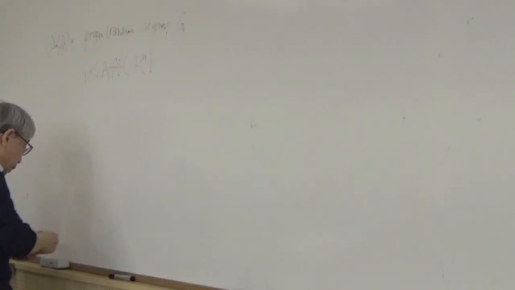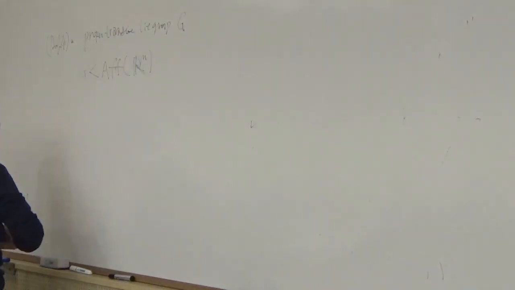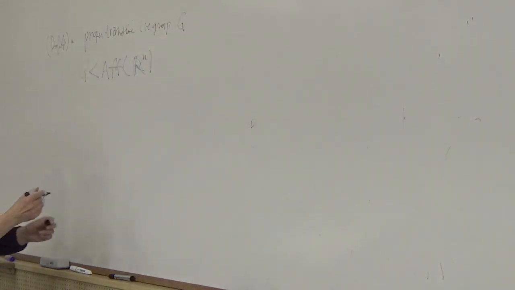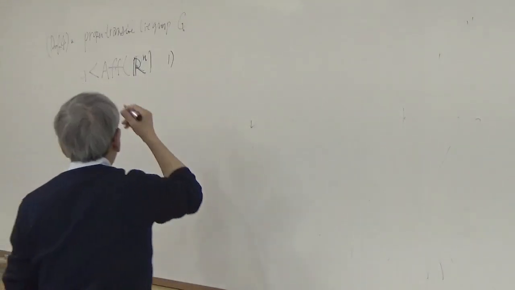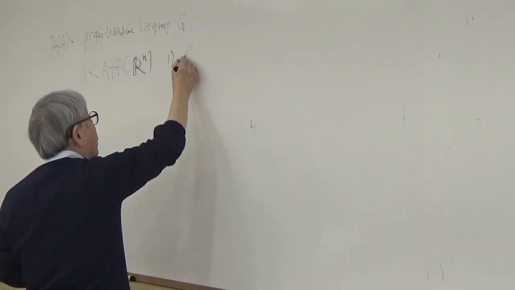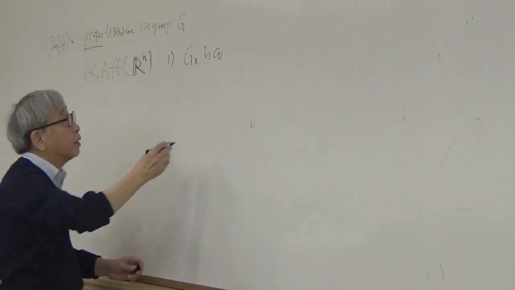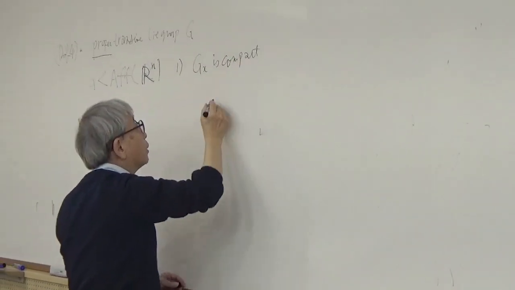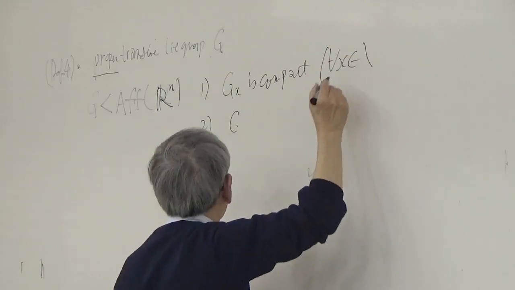A proper transitive group is, by definition, G belonging to the affine group of Rn, and the stabilizer Gx is compact, because, as I said previously, proper means the stabilizer is compact, and transitive means it for any point in Rn.